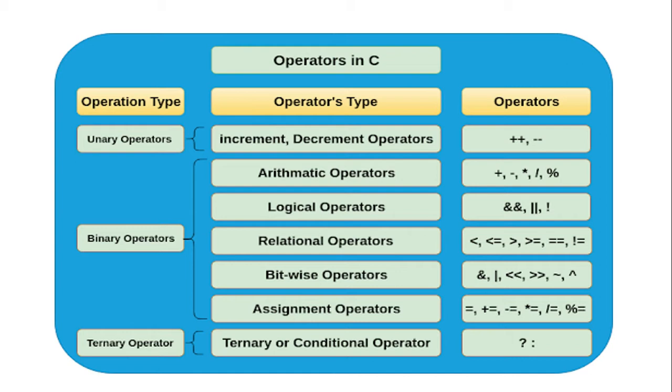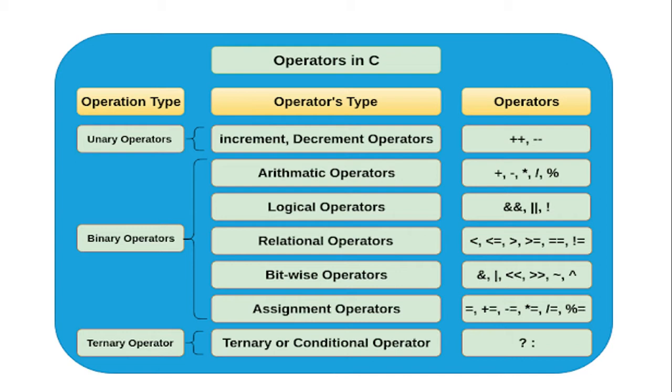Already I told you all the symbols are operators. So these are the symbols, the operator type name, and the operation type, either processed with one operand or two operands. All the variables are operands. Symbols are the operators. This is the difference between operator and operand.